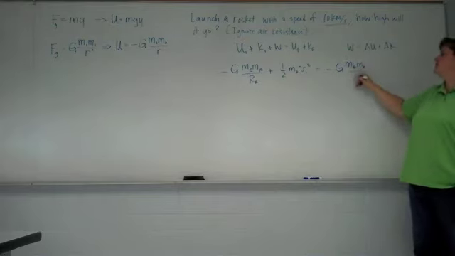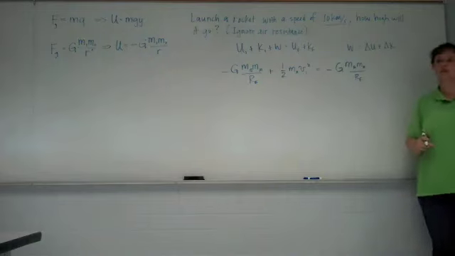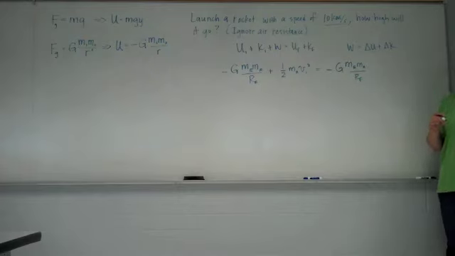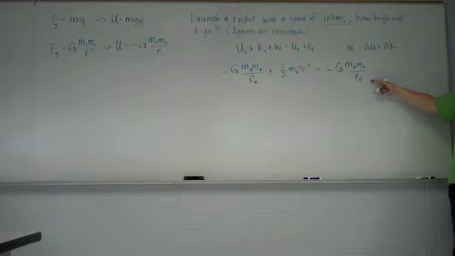We're going to be at a new final location. Kinetic energy, finally, what will that be? 0. When it reaches its maximum height, at that instant, it will not be moving. The gravity is going to pull it back down and it will come back towards the Earth.